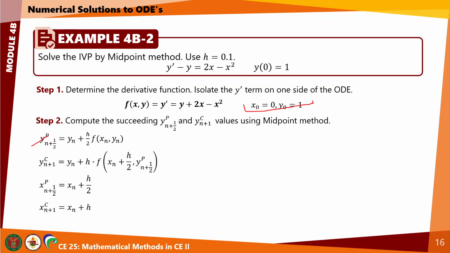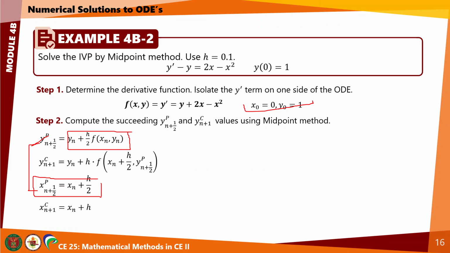Okay, for the predictor, basically, sinasolve lang natin yung point sa midpoint. Okay, yung approximate point sa midpoint. Okay, and then yung x value dun sa midpoint is simply your previous point plus kalahati ng step size natin. Okay, so yan yung magka-partner.